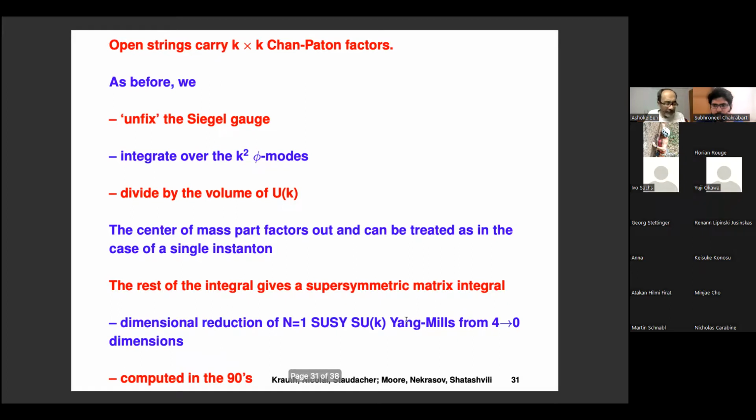Yeah. I think the point is, in the old days, people did these integral calculations because they were trying to calculate the index of D0 brane bound states, for a theory which is a dimensional reduction from 10 to 0, because that's where the D0 brane bound state spectrum comes in. But in that process, they said you can also do these.